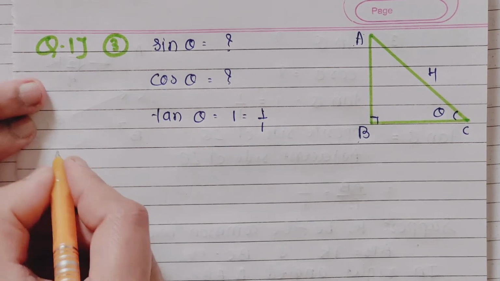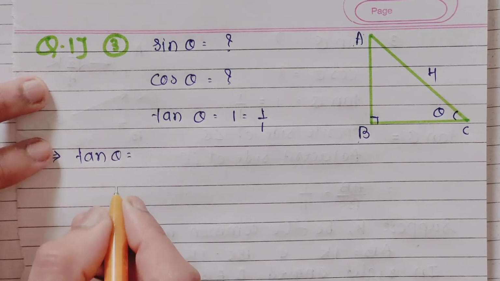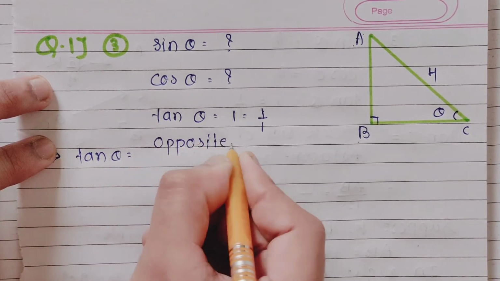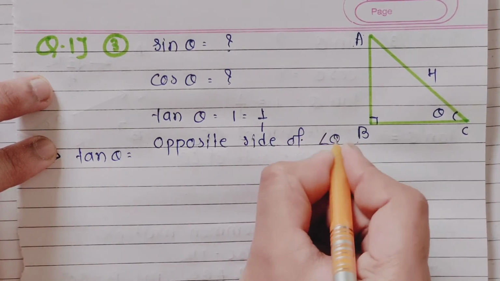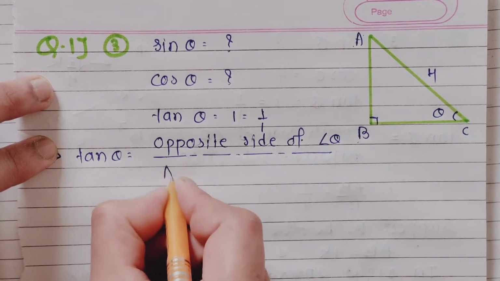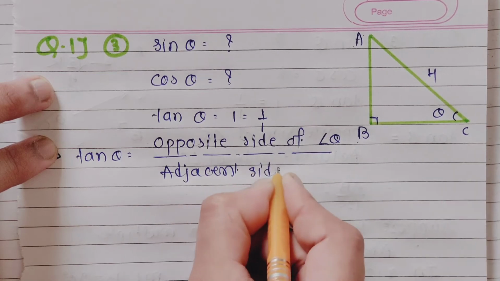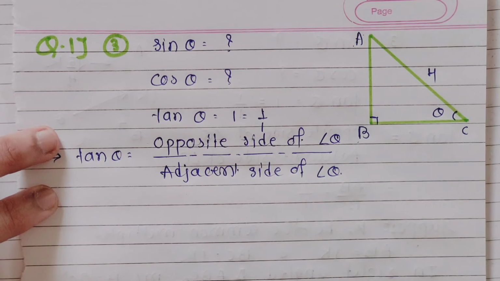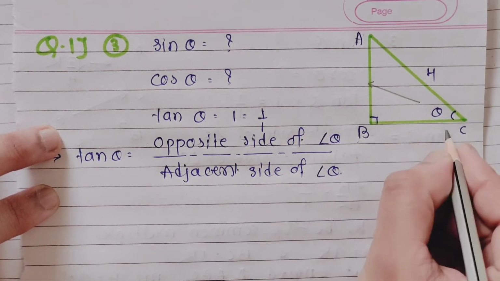So tan theta, we know the ratio, is equal to opposite side of angle theta upon adjacent side of angle theta. For angle theta, the opposite side is AB and the adjacent side is BC.